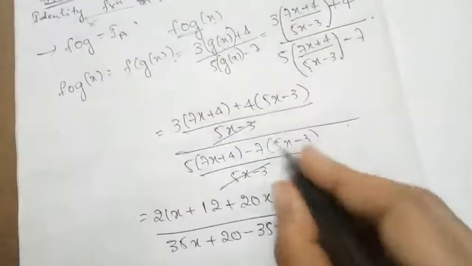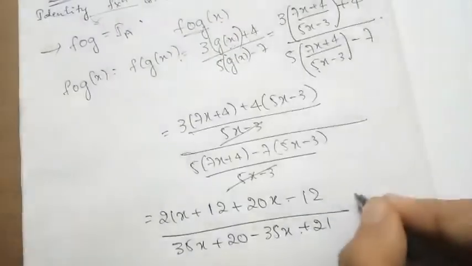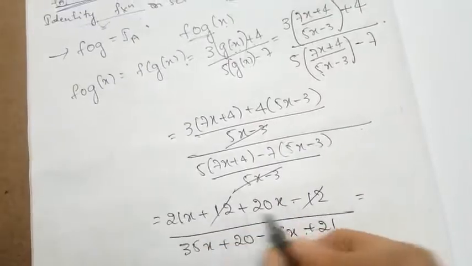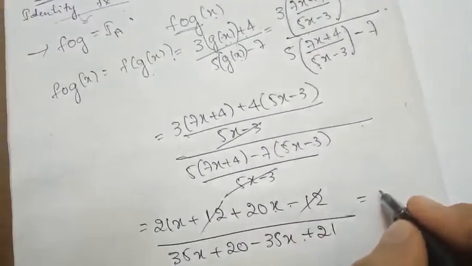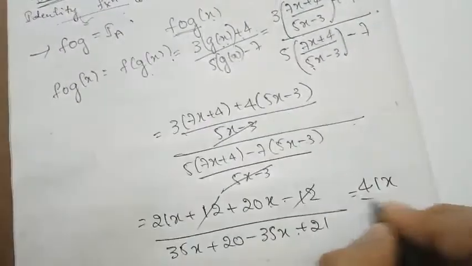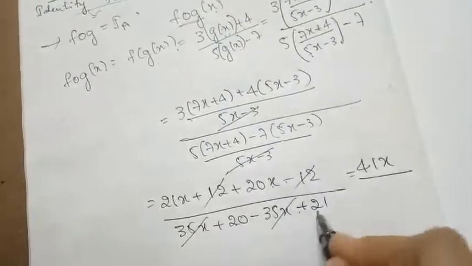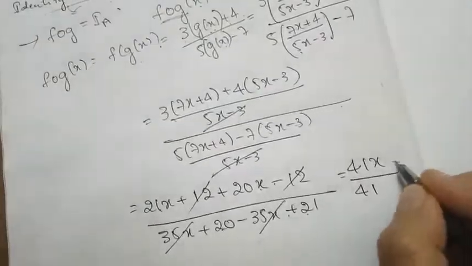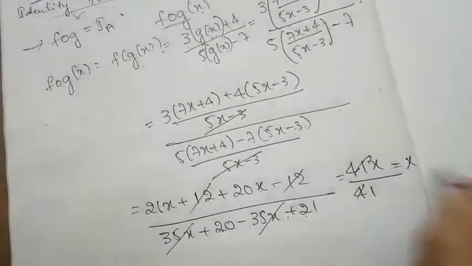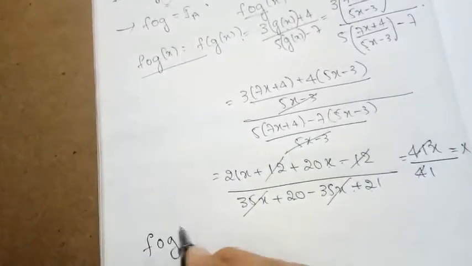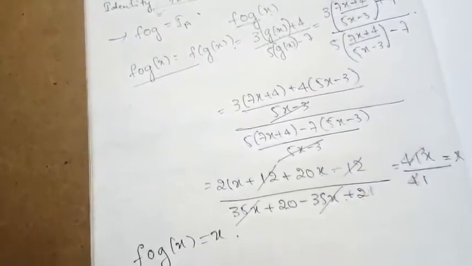So minus into minus is plus, 7 threes are 21. Now solve this. Minus 12 gets cancelled. 21x plus 20, it is nothing but 41x divided by 35x gets cancelled. 20 plus 21 is 41, so 41 gets cancelled, x. So we got f of g of x is equal to x.